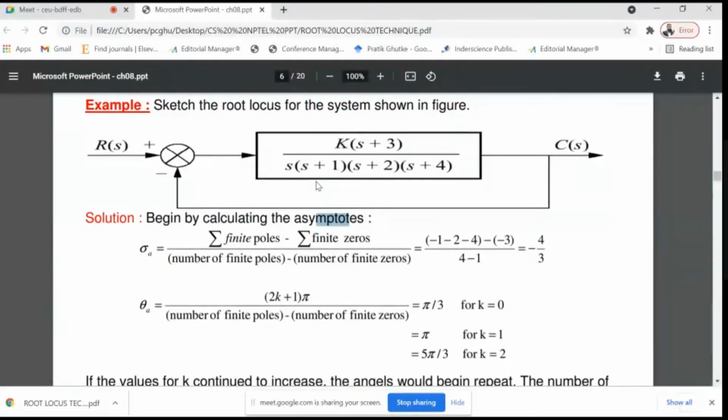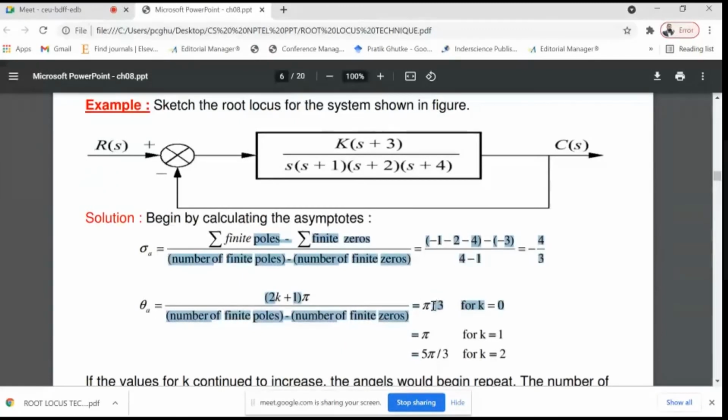So there will be 3 angles of asymptotes. First calculating the first angle of asymptote, 2k plus 1 into pi divided by p minus z. Keep the value of k as 0 first of all and calculate theta 1. So 2 into 0 plus 1 into pi means pi divided by 4 minus 1, that is pi by 3. This is your first angle of asymptote.